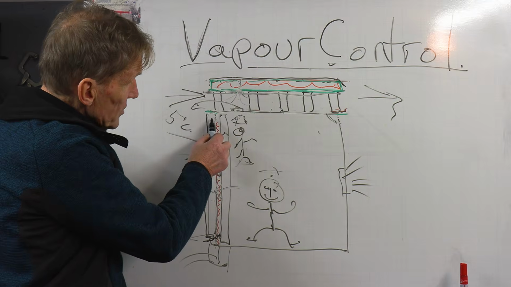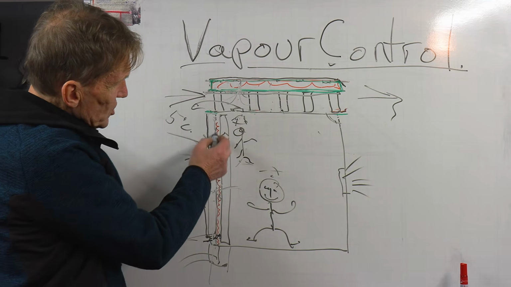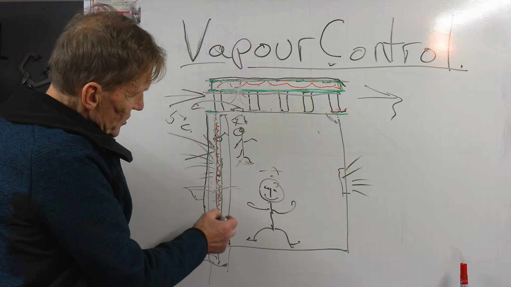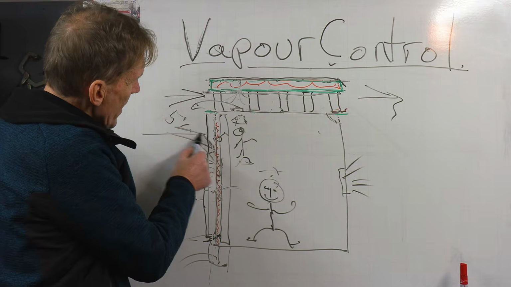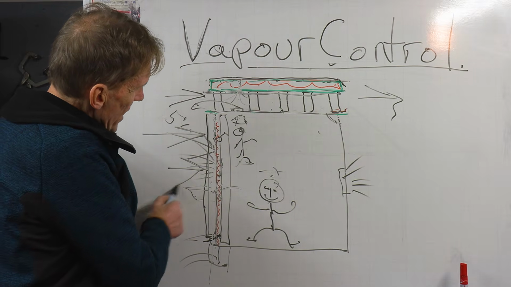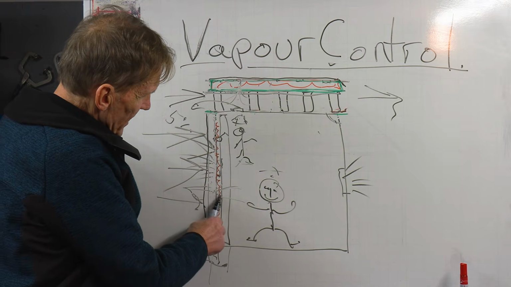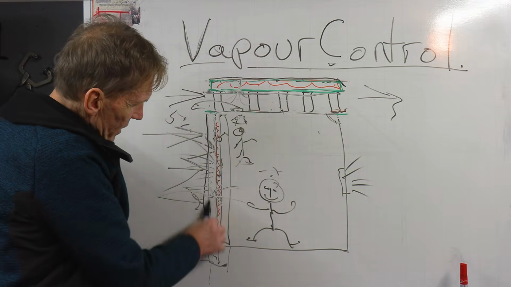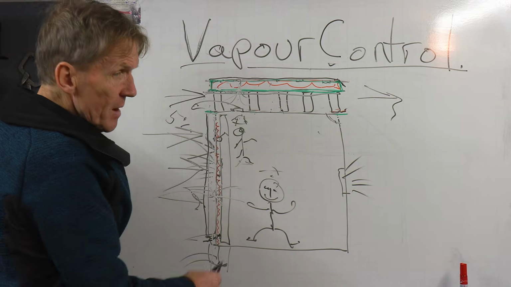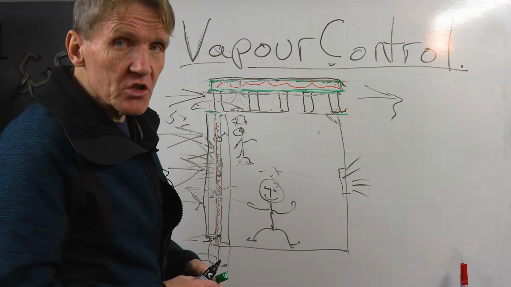Not the end of the world, because it can still escape to a certain extent down there, but of course some of it will start to make the insulation wet, and it gets worse if we've got driving rain coming in to that brickwork and soaking it. So we've got water trying to get onto the outside, we've got water coming onto the inside, we've got saturated brickwork, and then it begins to saturate the insulation, and wet insulation is no insulation at all.